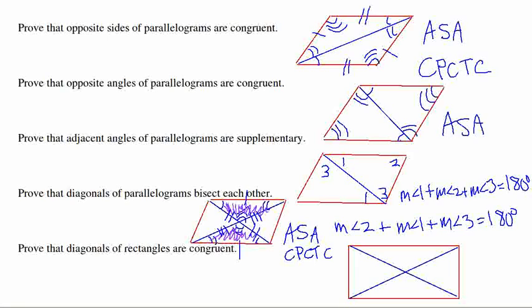For this, I'm going to label the vertices of the rectangle. Let me call them A, B, C, and D. Because it's a parallelogram, we know that opposite sides are congruent. And because it's a rectangle, we know that we have right angles.